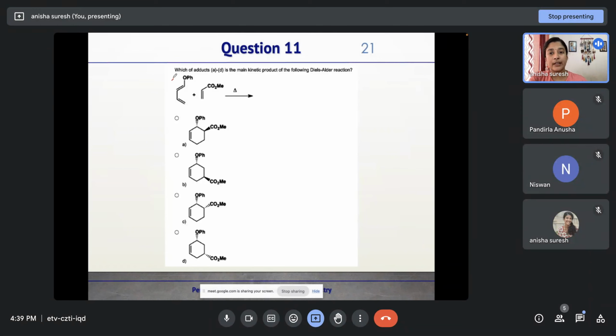So this is the diene component and this is the dienophile. So we are having an electron releasing group on the diene and an electron withdrawing group on the dienophile.